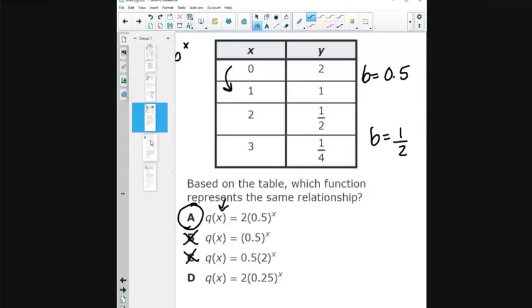What function models the values of the bids? Here on number 21, the answer is A. Remember, you can use the calculator, plug it in, and you can get the equation. Or you could do the ratio, right? And find out B and then find out A. Number 23.